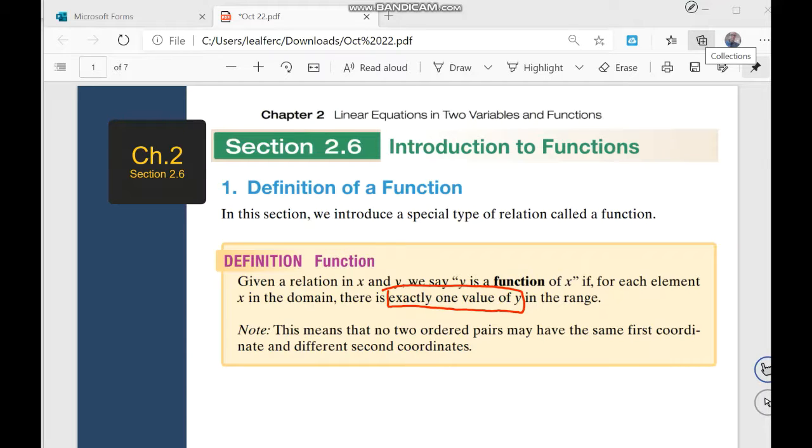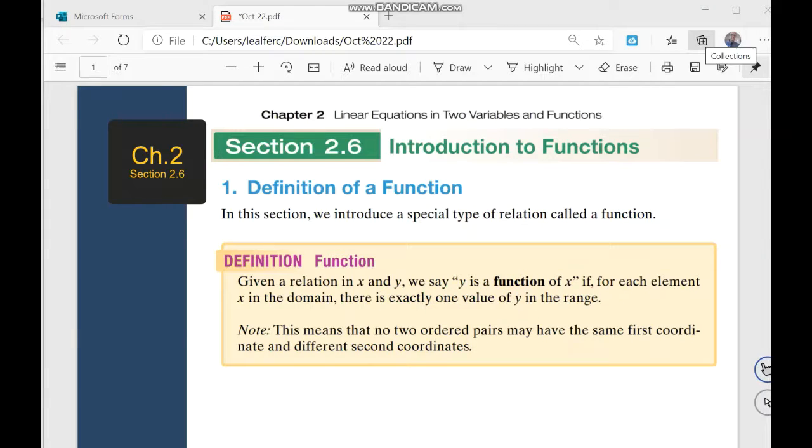So a relation is anything that links a value of x with a value of y. And a function is a special kind of relation that has only one y for each x. Only one value of y for each x.